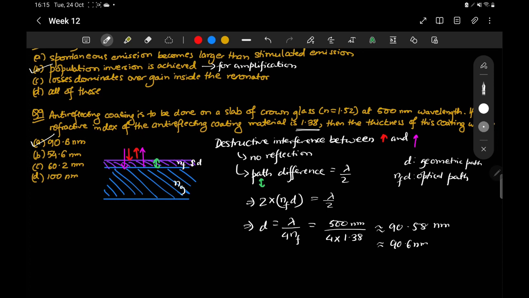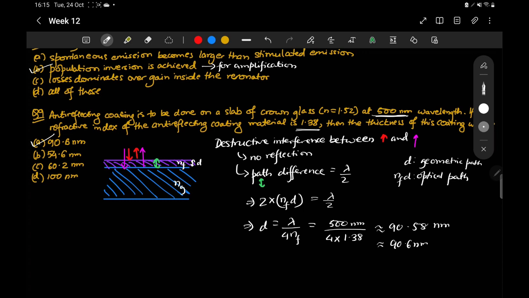Note that this particular value of thickness for this particular anti-reflecting coating will lead to destructive interference for the particular value of wavelength 500 nanometers. If we deviate from this wavelength, then we will observe some amount of reflection as well. So anti-reflection coatings work best for a single wavelength and maybe some narrow bandwidth around that wavelength.